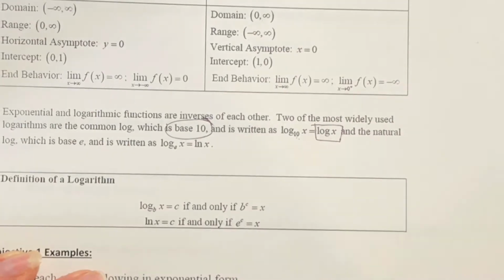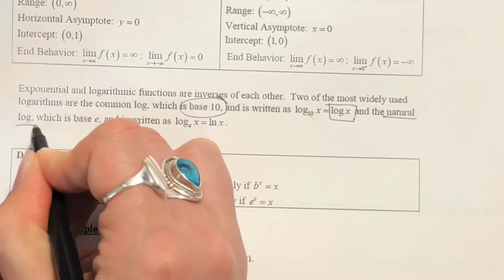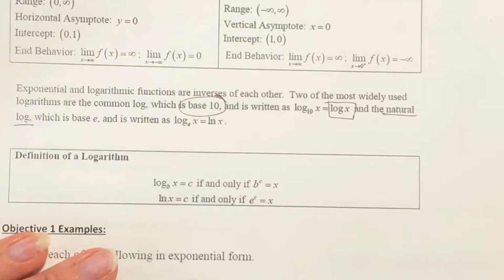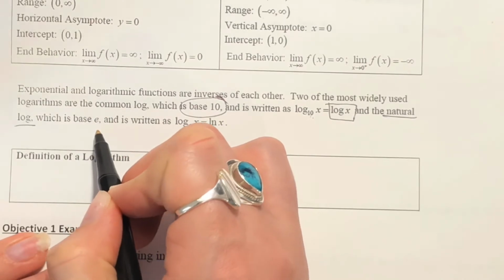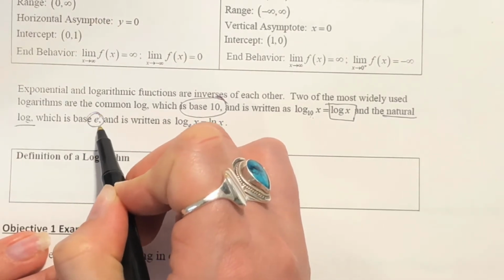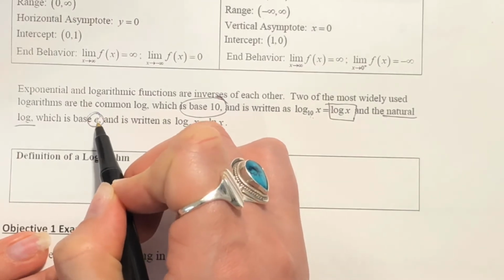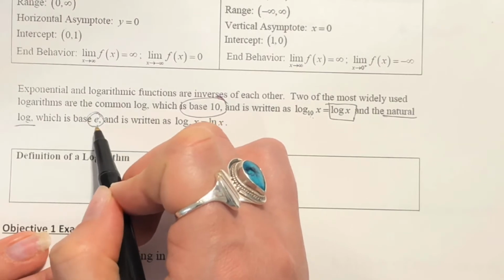And then the other one that we use a lot is what we call the natural log. That's because it happens in nature quite a bit. It is the inverse of an exponential function, which is a base e. So if you have learned about the number e, it is a number, kind of like pi, that goes on forever and ever, doesn't end.